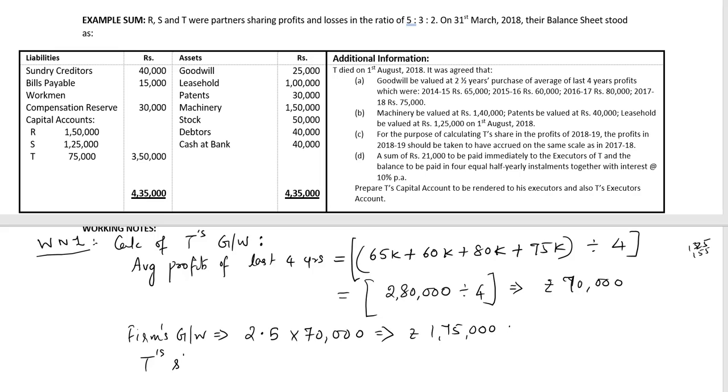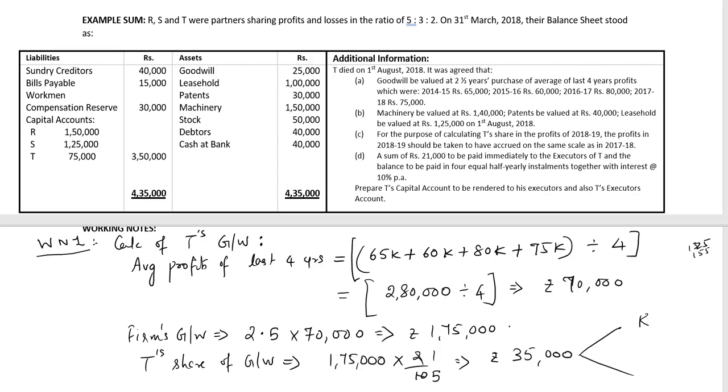T's share of goodwill is equal to the firm's goodwill, which is 1,75,000 rupees, multiplied by T's share in profits, which is 2 divided by 10, which is rupees 35,000, and this needs to be divided among the gaining partners R and S in their gaining ratio. There is nothing specified, so the gaining ratio is equal to the old ratio between them, which is 5:3.